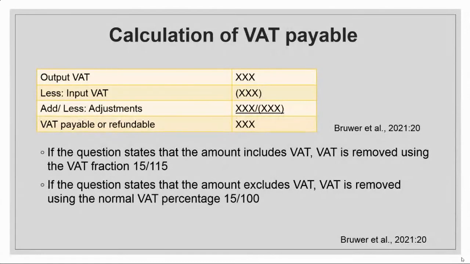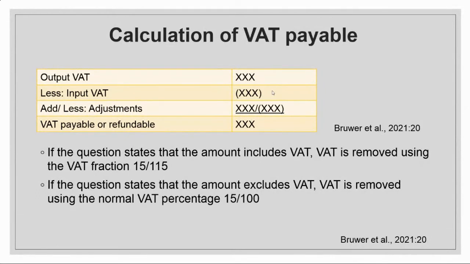Now let's see, how do you actually calculate the VAT payable? Now this is your basic formula when you do the calculations. You start out with your output VAT, and then under the output VAT category, you list all the income or revenue type of items, and then you add them up to get to your total output VAT. Now remember that this column here represents the VAT fraction, so only the VAT portion, not the amount inclusive of VAT, not the amount exclusive of VAT.